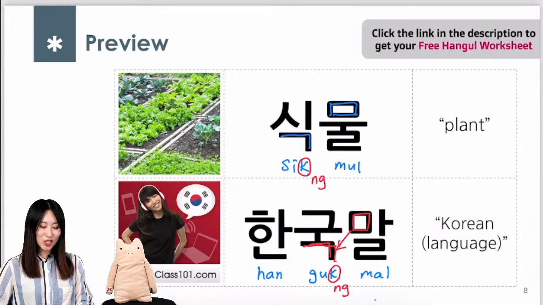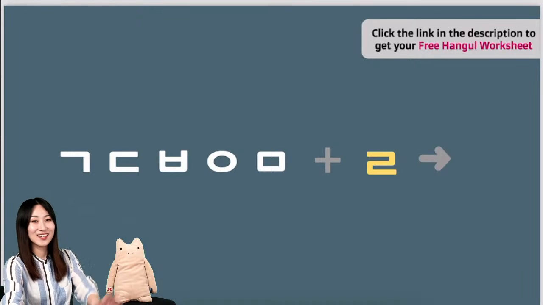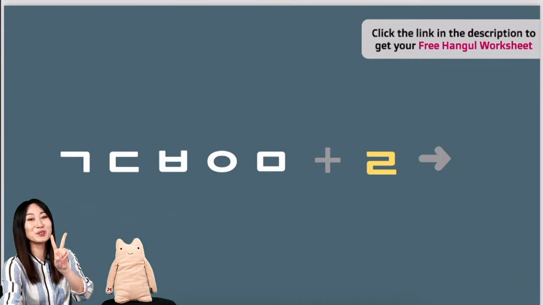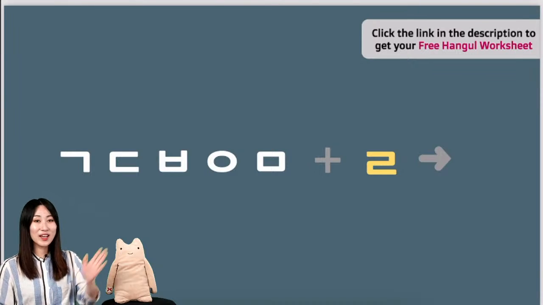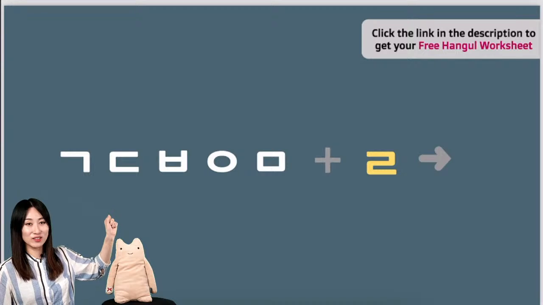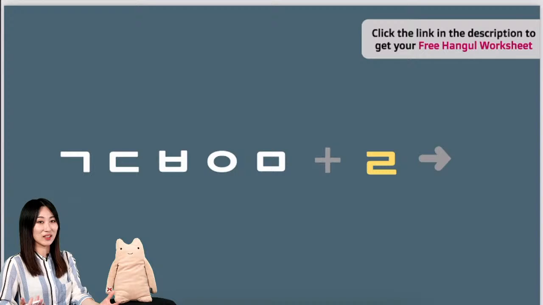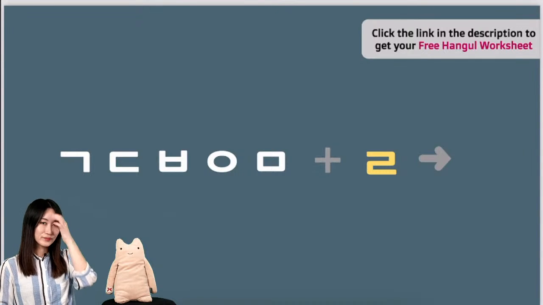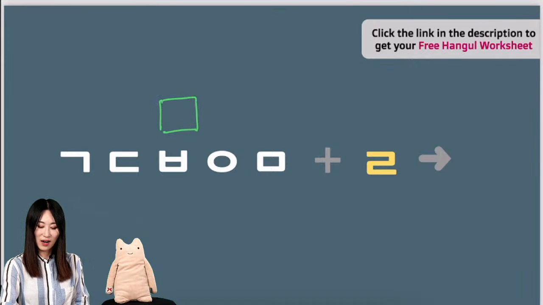Okay, very good. And the hardest part of this nasalization is, there's another rule. There are two rules. So let me first explain this formation and show you the example and then explain again. Then you will understand better. So again, in Korean, the letters are like this syllable.